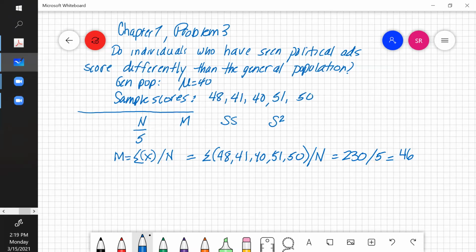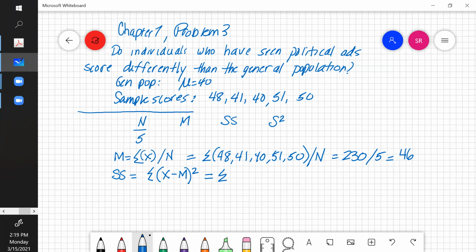We know that we're going to need the sum of squares in order to estimate the standard deviation of the population. And so we know the sum of squares is simply the sum of each score minus the mean, squared. And let's figure those out.